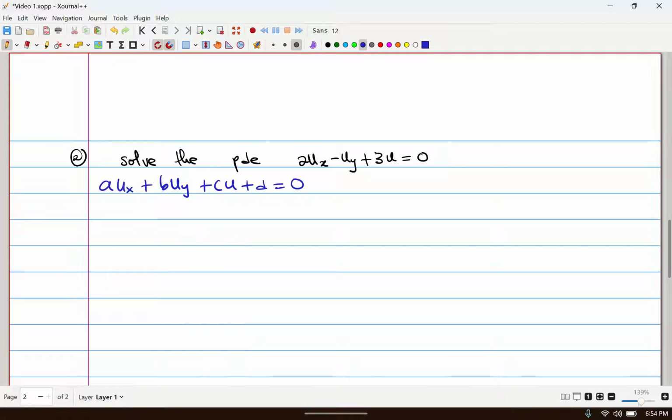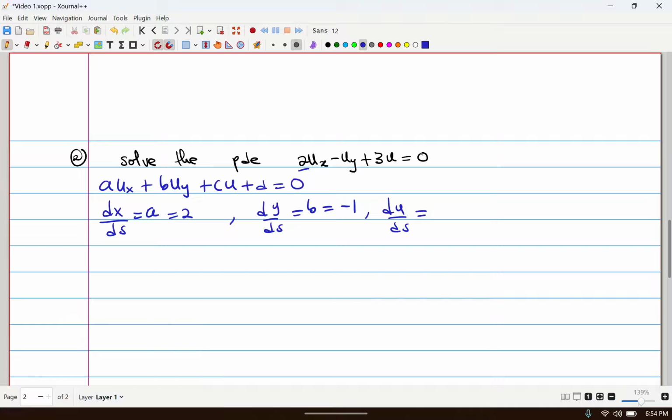And we say dx/ds is equal to a. In this case, comparing, a is 2, right? So that will be 2. And then dy/ds is equal to b, that is equal to -1. And we say du/ds is equal to negative c u minus d.